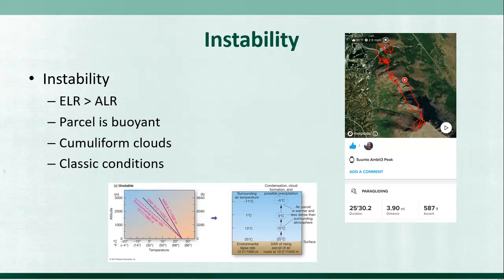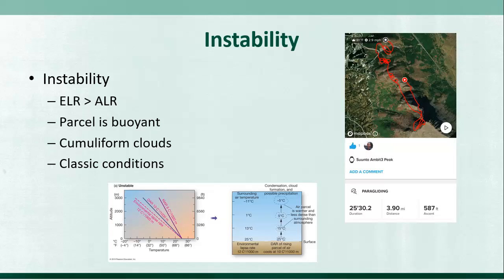Instability takes place when the environmental lapse rate is greater than the adiabatic lapse rate. That means the temperature in the general environment is cooling off more quickly than the air in a parcel that's being forced upward.